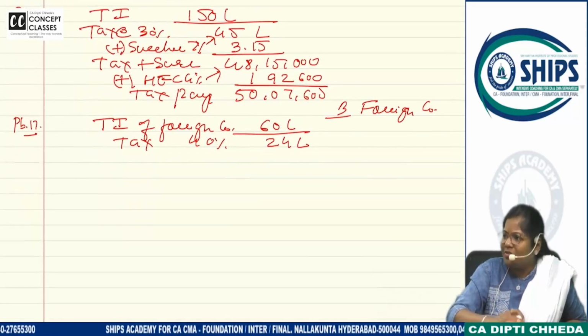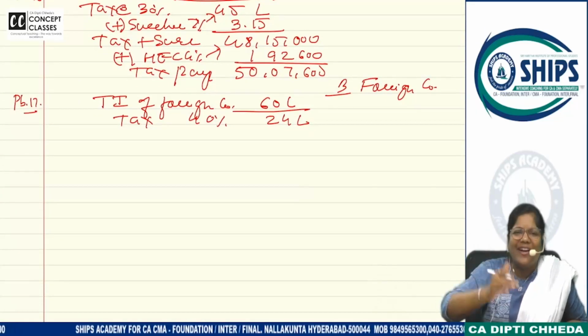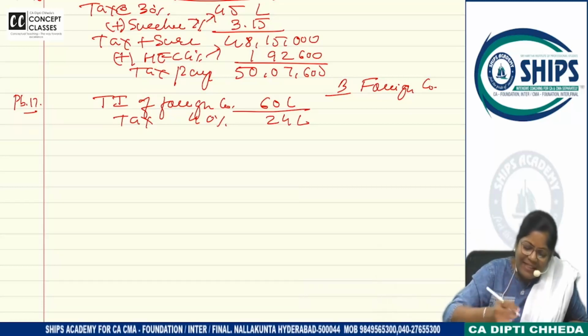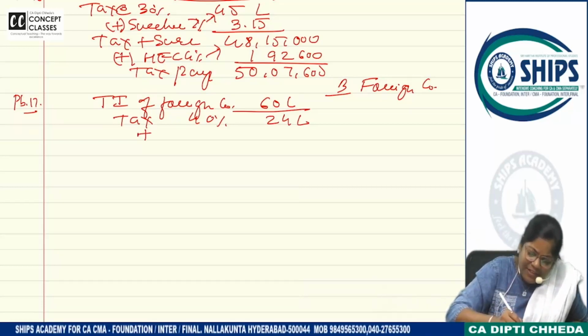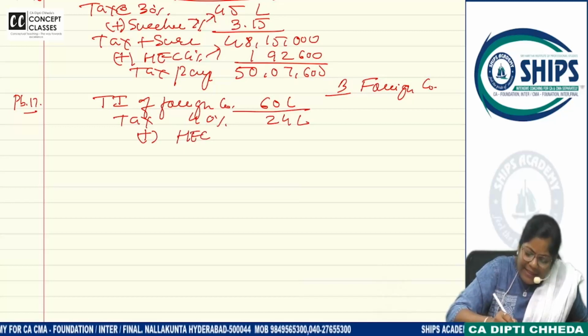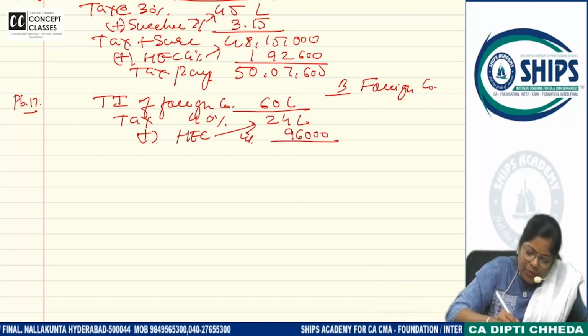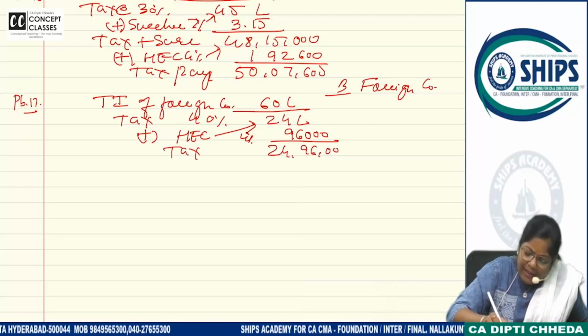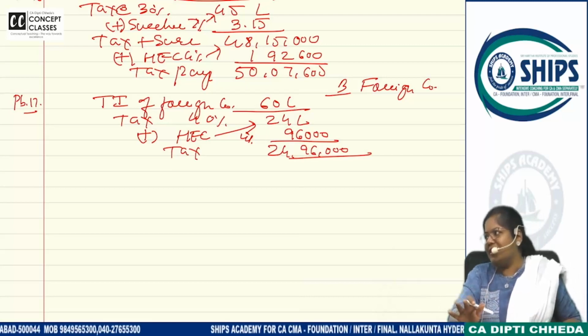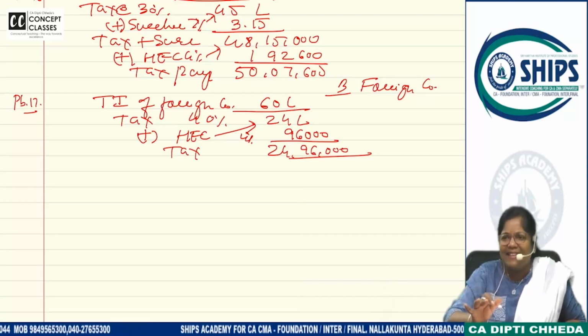Anyone in the class not following, ask me and refer your rates. Foreign company का tax कितना है? 24 lakhs. Surcharge आएगा? No. So directly health and education cess 4%. 96,000. Okay. So what will be the tax? 24 lakh 96,000. Done. Easy.